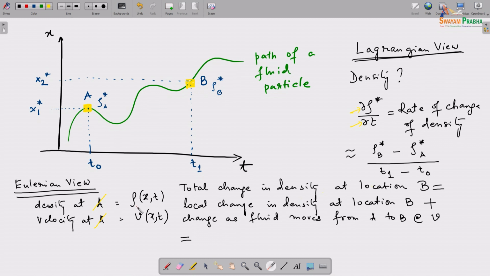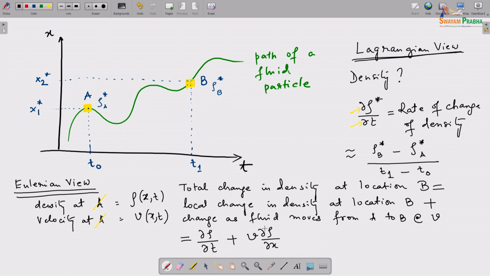So therefore, if I have to figure out what is the local change in density at location B in this case, I am going to just say that it is del rho del t, that is the local change in location B, right. But we also take the change in the fluid because it changes in distance, but at what rate?